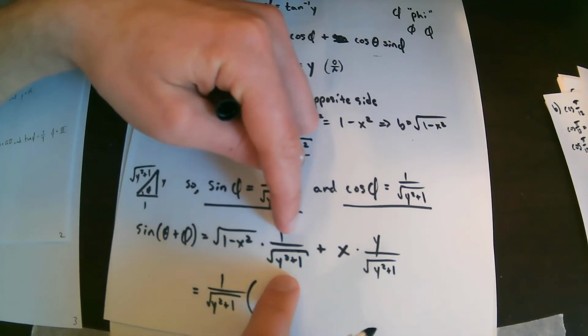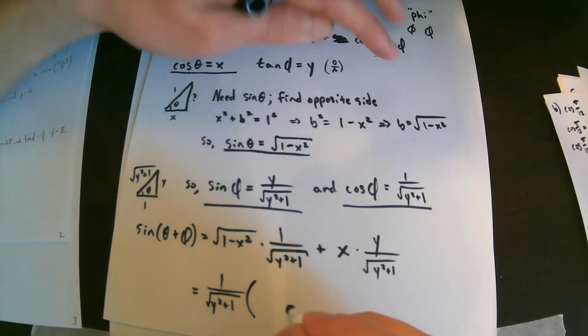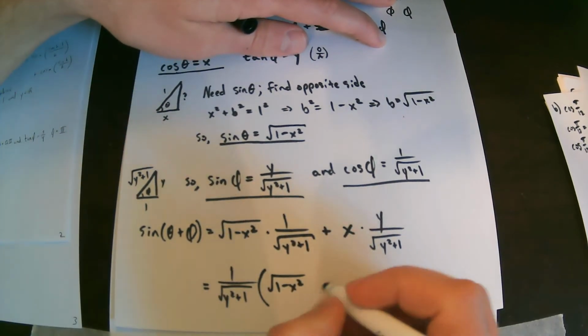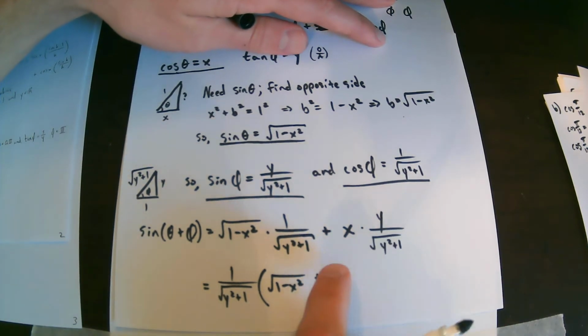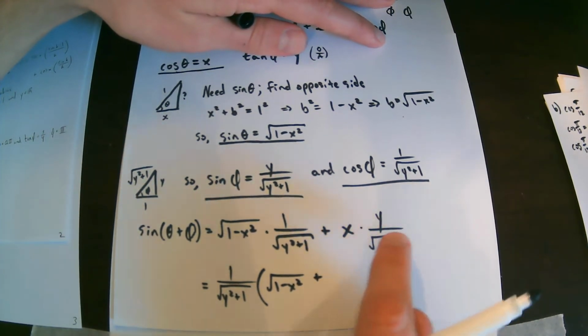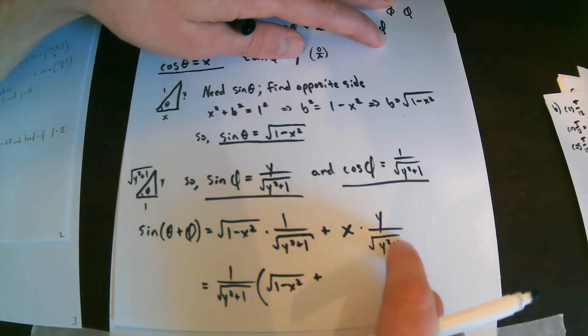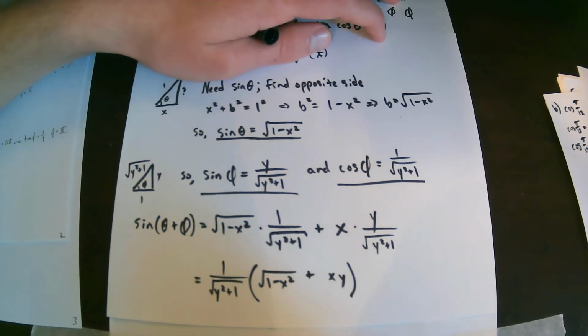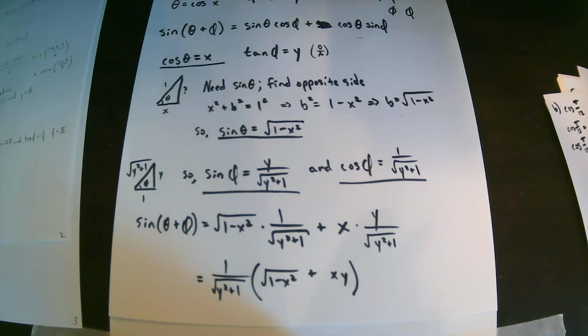Factoring 1 over square root of y squared plus 1 out, that's going to leave me with the square root of 1 minus x squared, that's the first term, plus, and then what's left if I factor 1 over the square root of y squared plus 1 from this term, it'll just be xy. There we go. So these are a bit tricky.